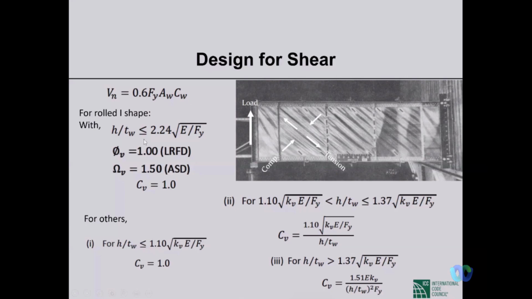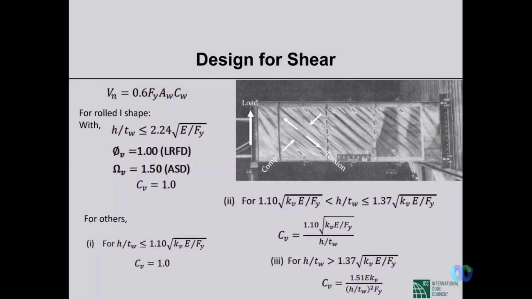And there is again a limiting slenderness ratio, h/tw, in this case 2.24 times the square root of E/Fy. Beyond this, we'll have a long-column-like effect, that is, elastic buckling. Within this limit, there will be inelastic buckling.